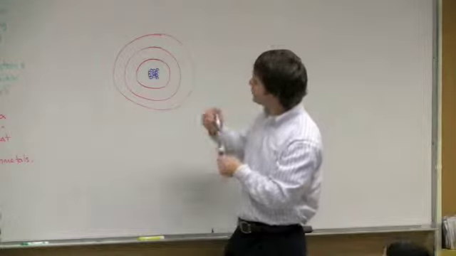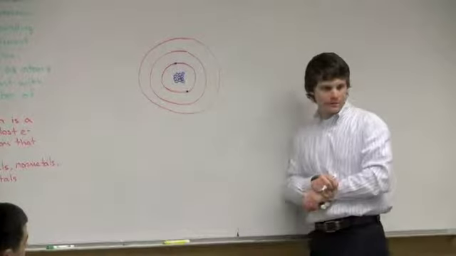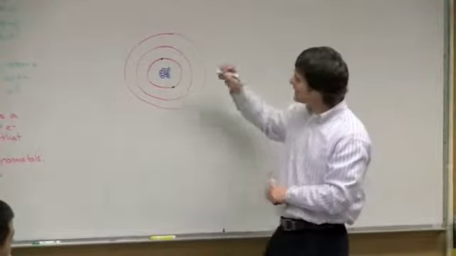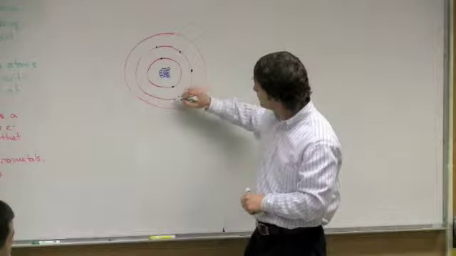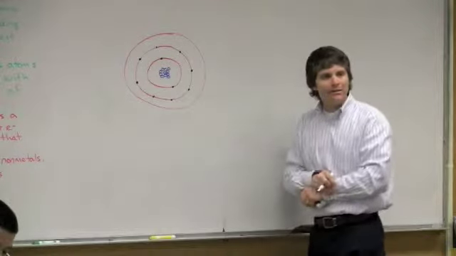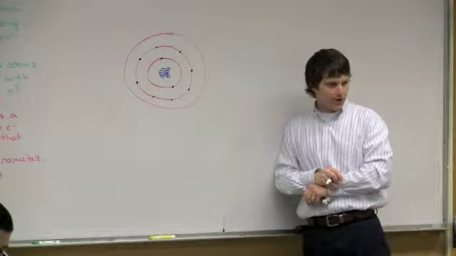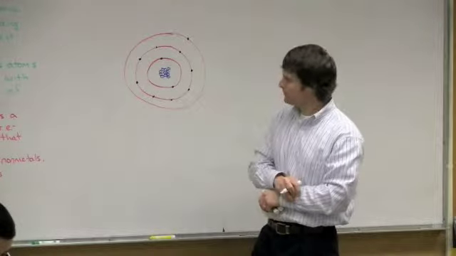In that first energy level we've got 2 electrons, in that second energy level we've got 8 electrons, and in that final energy level for sodium, there is only 1 electron.